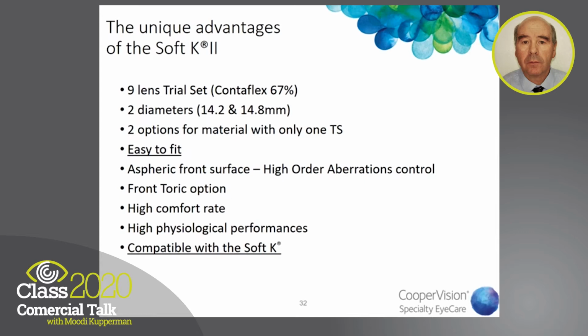My suggestion is to leave the trial lens spheric as much as we can, because if we put the lens on for an hour and a half, we found that the astigmatism needed in the over-refraction is smaller than in the beginning. We get a high comfort rate, high physiological performance, and it is compatible with the Soft K, meaning that if someone was fitted with the old Soft K, we can order for him the same parameters in the Soft K2.